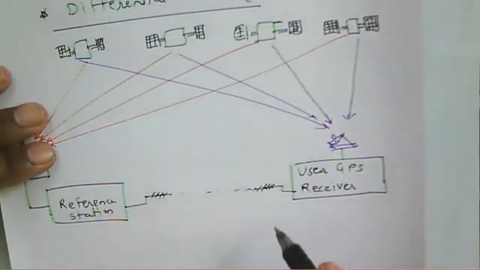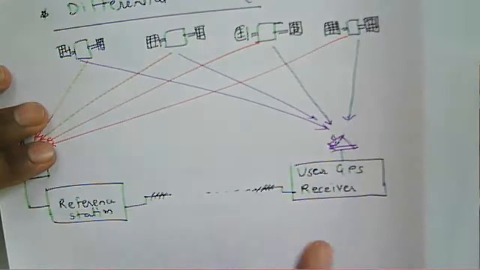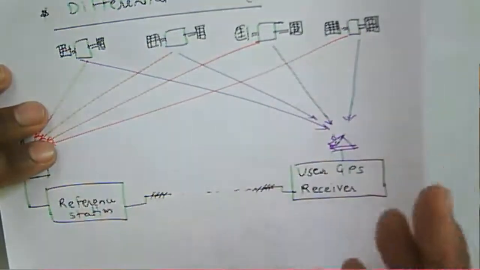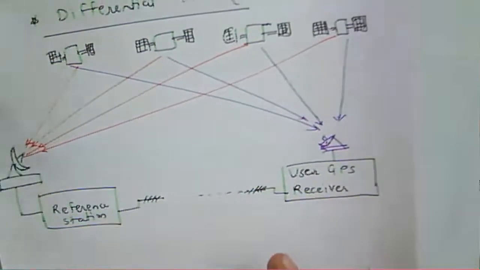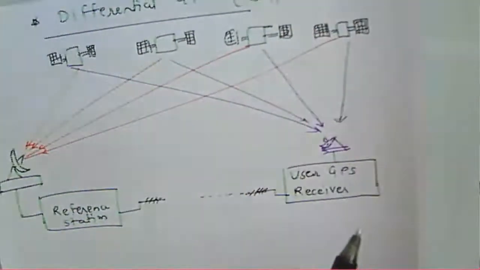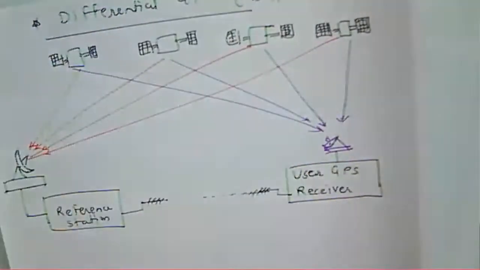That GPS receiver removes the error in that range, and then shares the information with the users. That is what we call a differential GPS receiver.